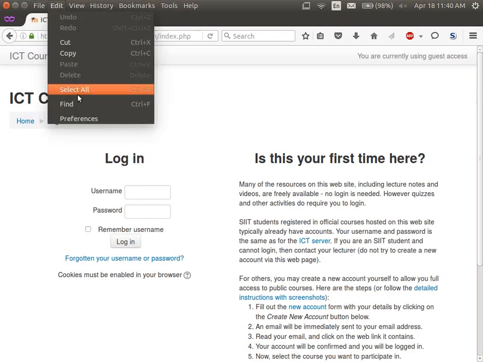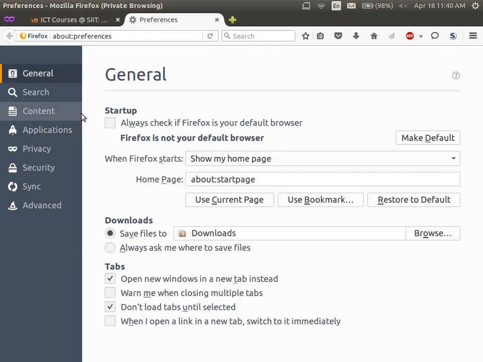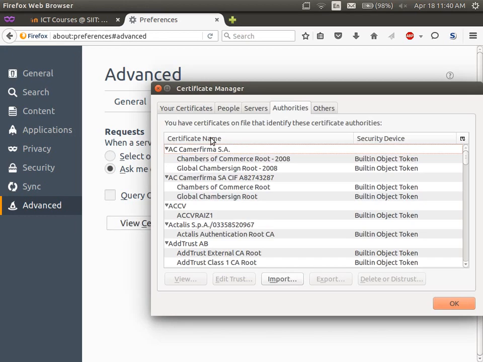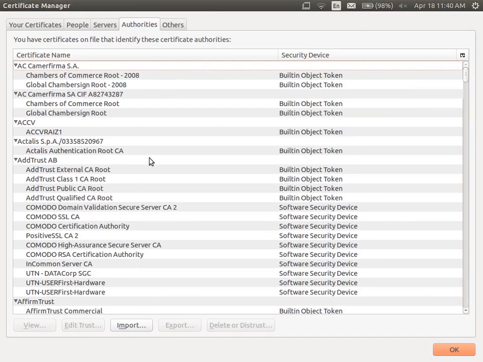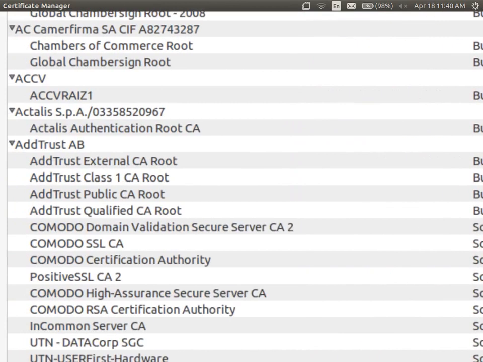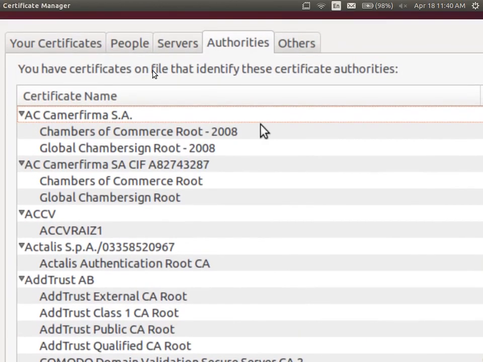Your browser will show the certificates that you already trust. If we go into the advanced properties, what we see in the preferences of my browser is a list of certificates that I already trust.